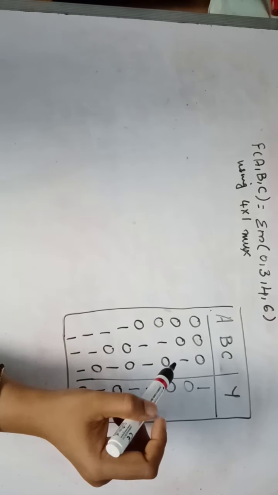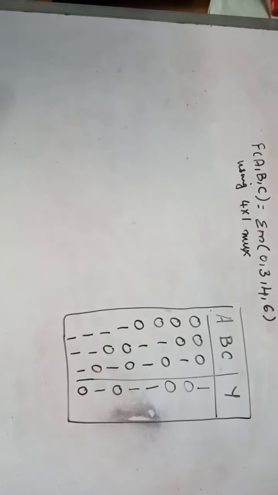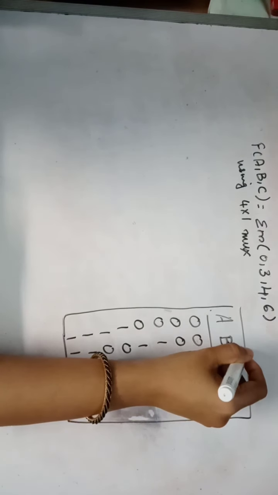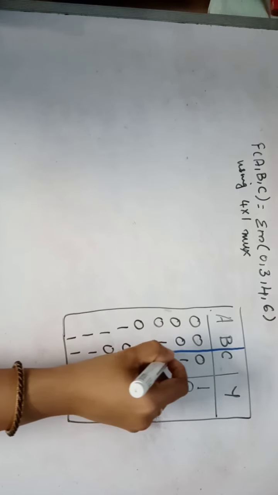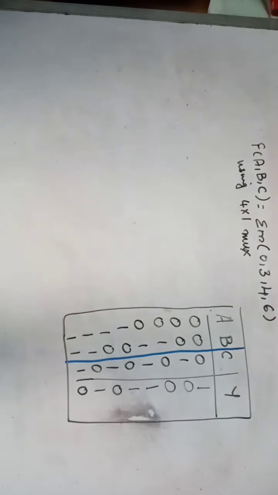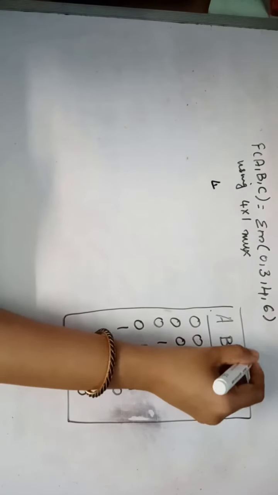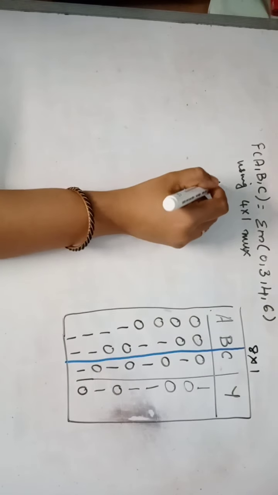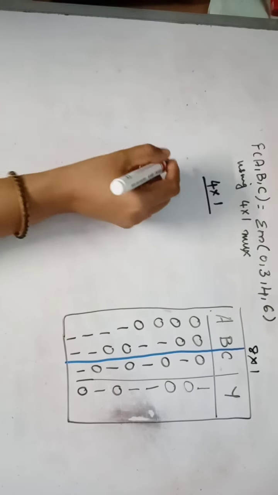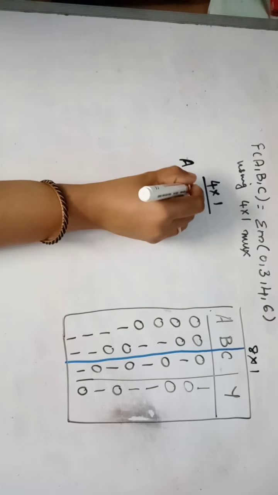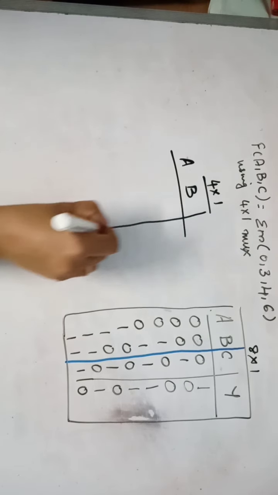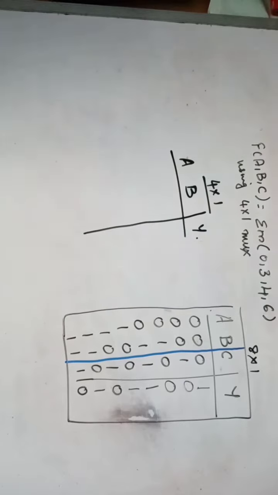Suppose I'm eliminating the LSB. So C I'm going to eliminate, which means I will be taking only A and B. This is my 8 by 1 mux, and in my 4 by 1 mux, I have only 2 select lines, and this is my output.